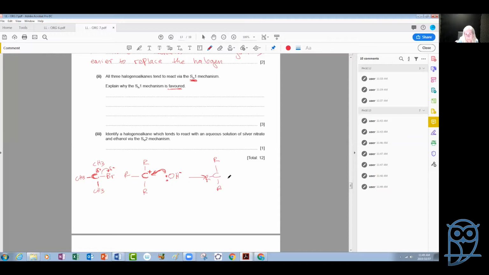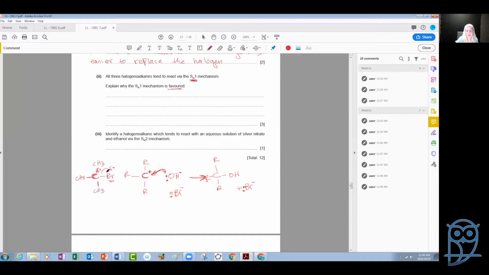Obviously, since this will be attached to the carbocation, and of course we must not forget this bromine ion that we're left with. Okay, so this mechanism, which is represented by this kind of representation, happens in two steps.